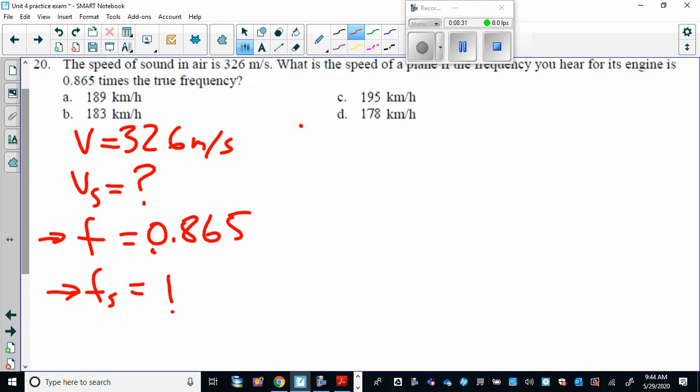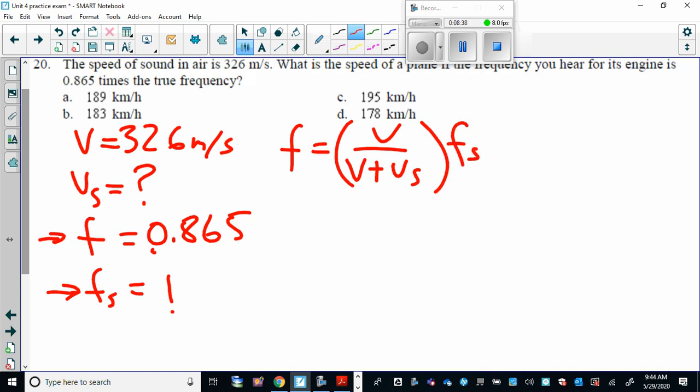Okay, so let's get our formula, and we are solving for the velocity of the source.